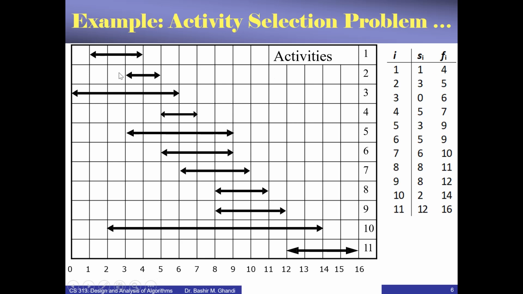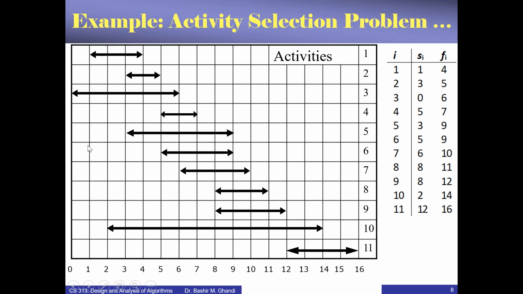Activity number 2 starts at 3 and finishes at 5. Activity number 3, on the other hand, starts at 0 and finishes at 6, and so on and so forth. So these are our activities.